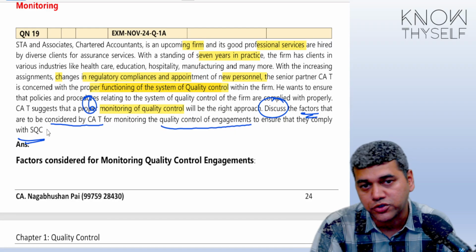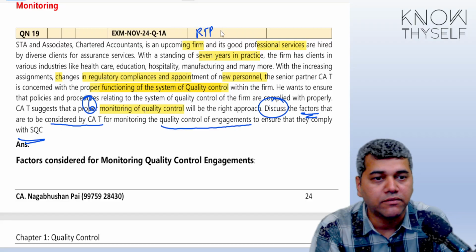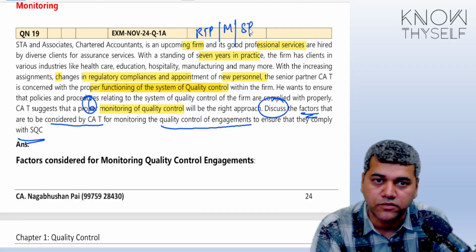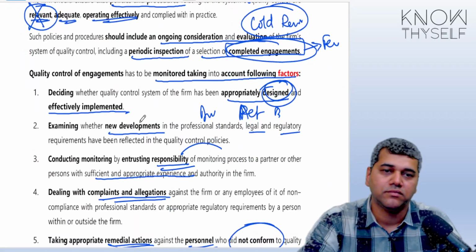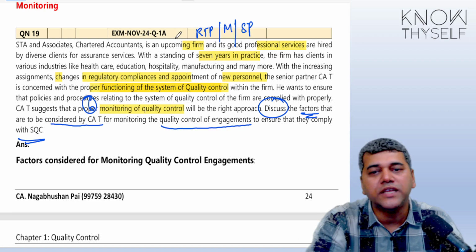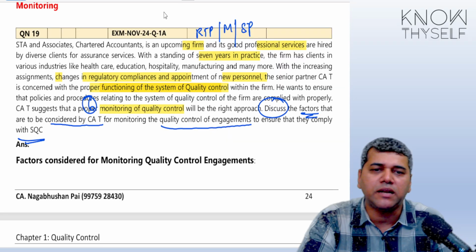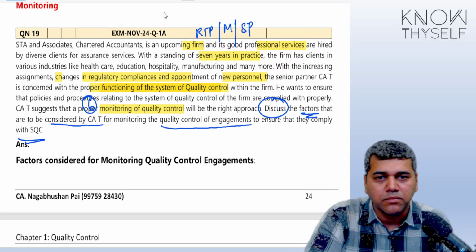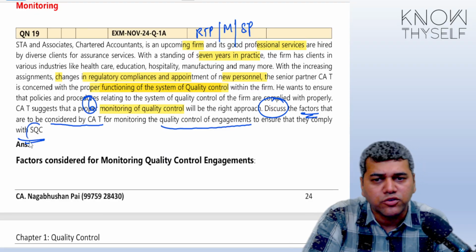And if you observe, students, this question never came in RTP, never came in MTP. It was not part of the study material. This was very plain text in the study material. And see how beautifully they ask. No confusion in the question. Straight away they ask, tell me the factors you consider for the monitoring element of SQC 1 and compliance with the SQC.